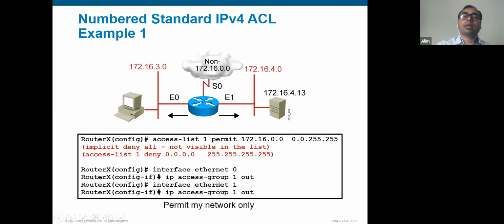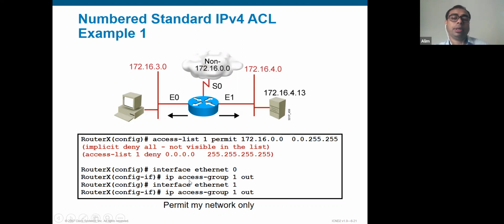IP access group 1. Actually, access group and access list are referring to the same access list. Somehow Cisco uses different language. Who knows why they are using different keywords, but we have to remember it.